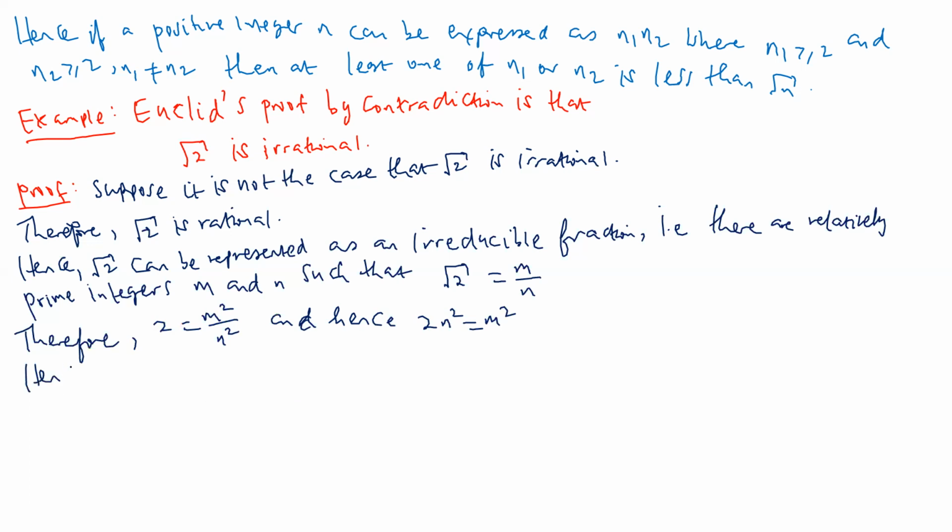Hence, since m squared is 2n squared, it means that m squared is a multiple of 2. I like saying m squared is a multiple of 2.